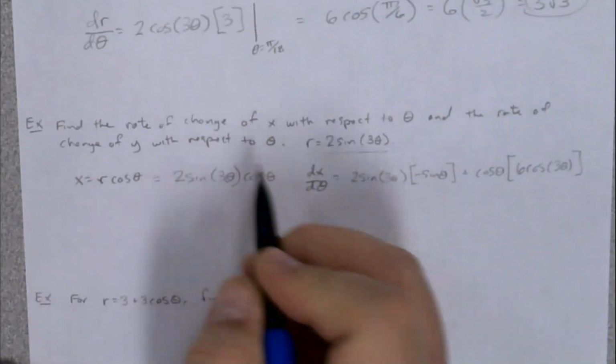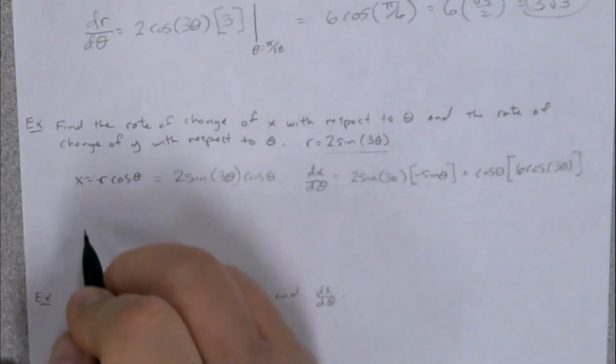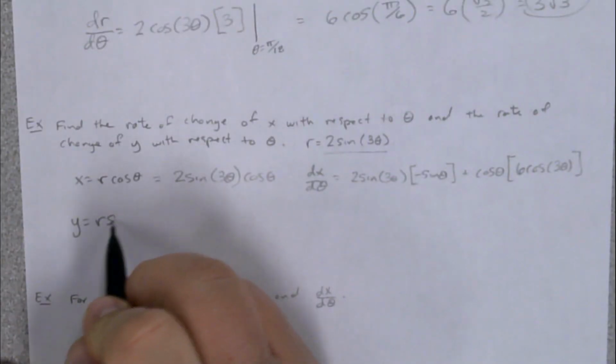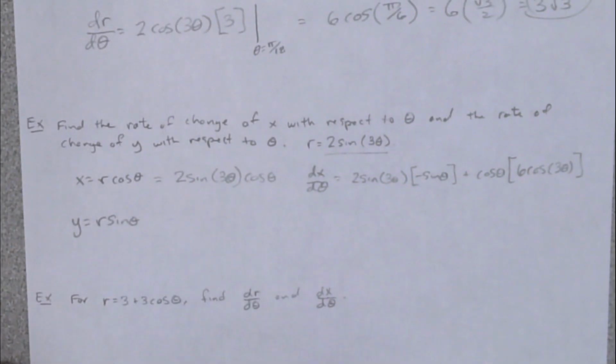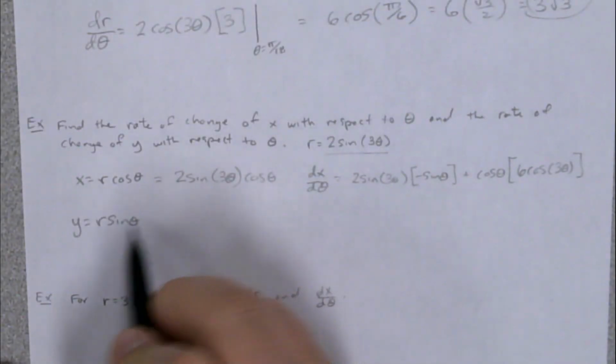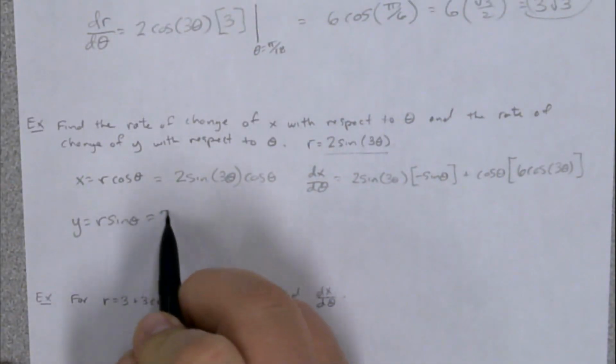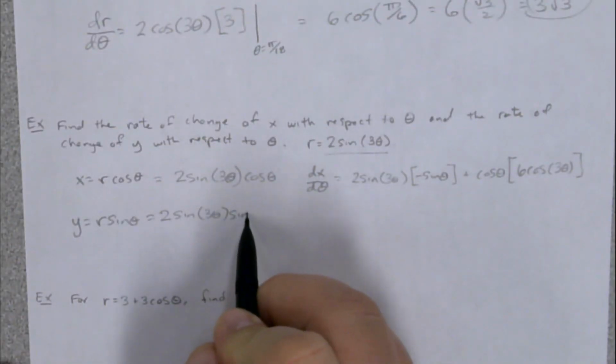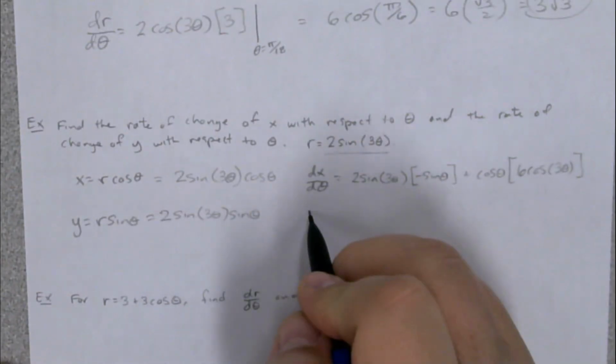Now to find dy with respect to theta, so y with respect to theta, same thing. You substitute the value for r in here. So that is 2 times the sine of 3 theta times the sine of theta, and then we take the derivative of that.